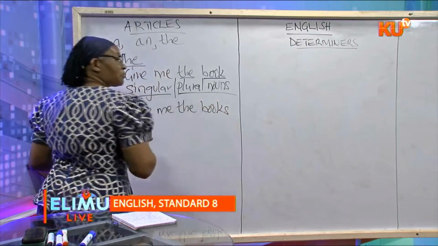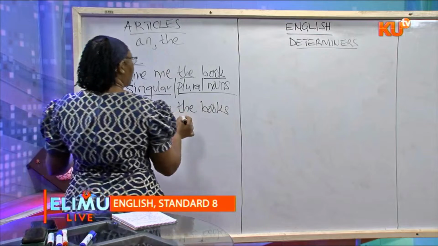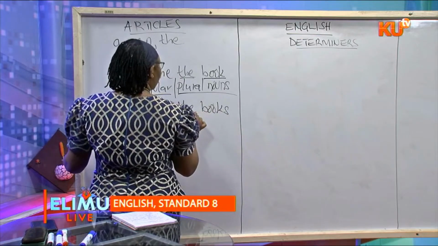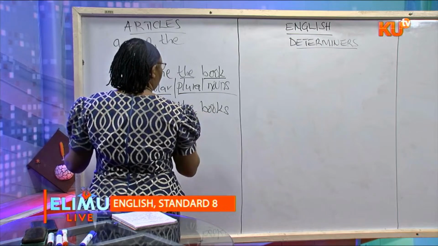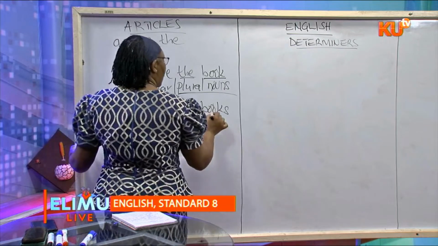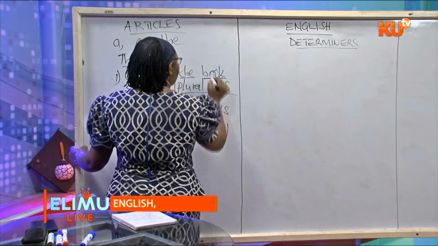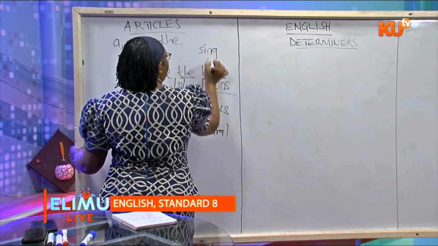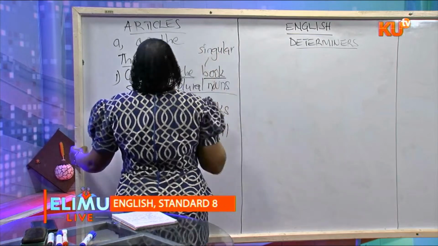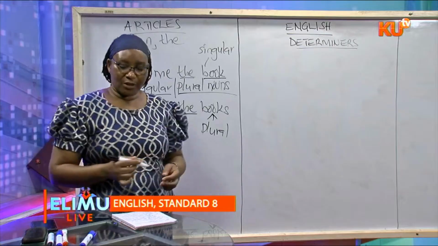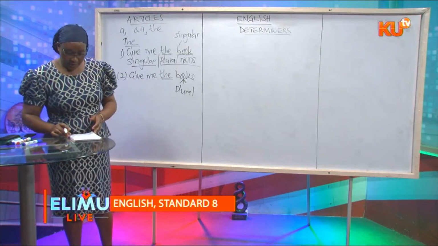These are books which are well known by the two people who are having a conversation. So this word is the determiner, and this word is in plural. This one is in singular, showing that the article the is used both with plural and with singular nouns.